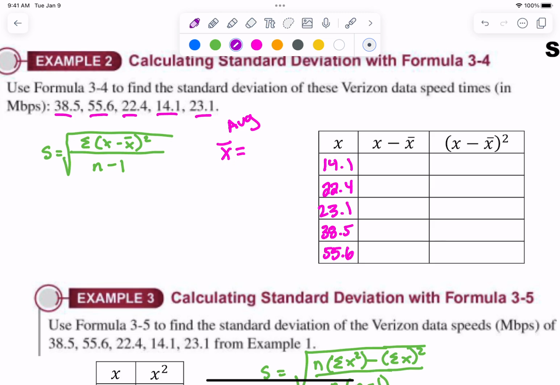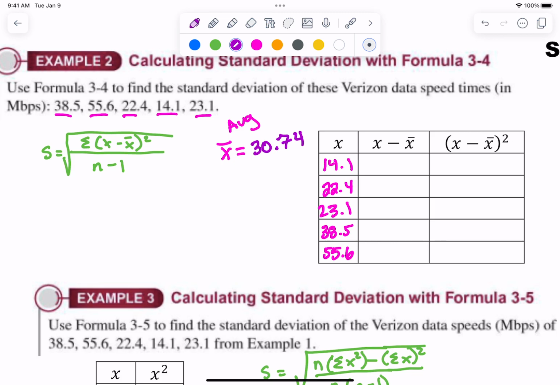I got 30.74. Okay, and it says carry one more decimal place than what we have in our data set. So 30.74, that's what we want to use.